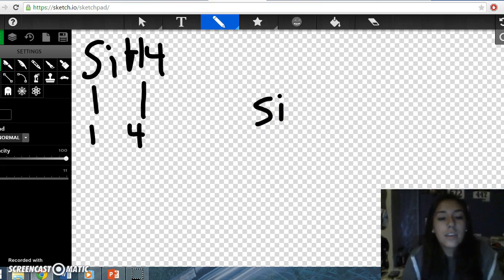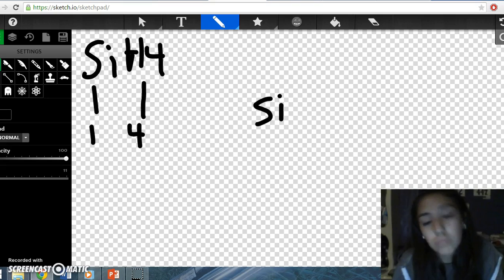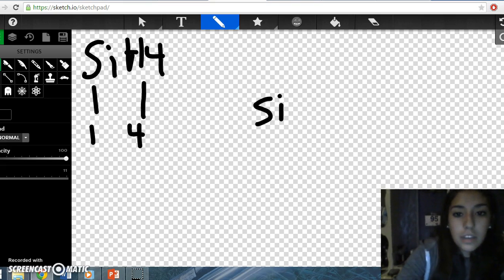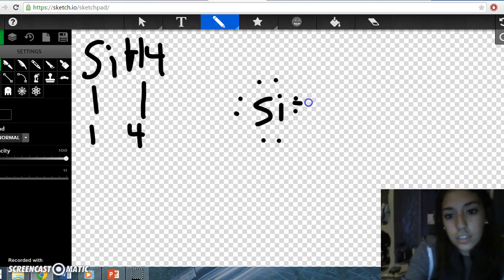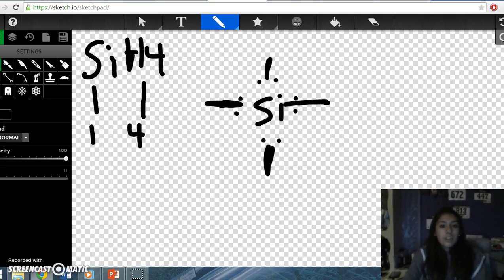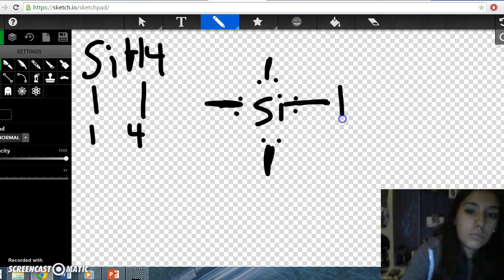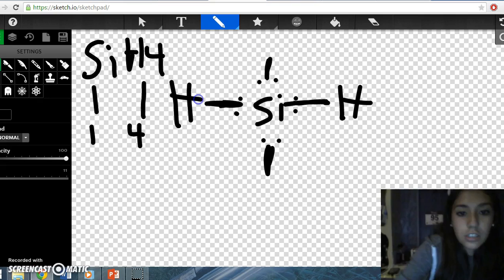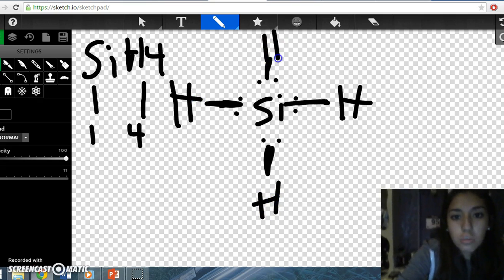In the end, silicon should have 8 dots around it. So I'm going to start with 2 dots, 2 dots, 2 dots, and each 2 dots equals 1 bar, 1 big bar. And keep in mind there's 4 hydrogens, so hydrogen, hydrogen, hydrogen, hydrogen, and there's 1 silicon.